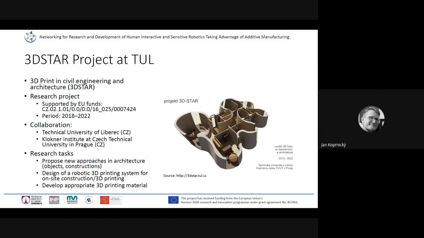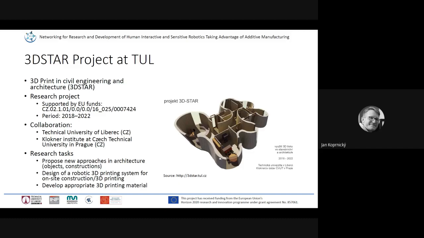What you can see on the right side of this slide is, let's say, architecture. It's a building, one of many trial houses, which can demonstrate the advantages of 3D printing technology.